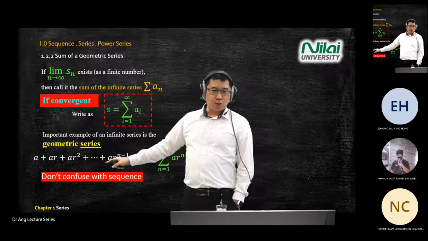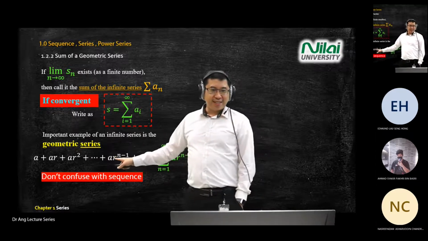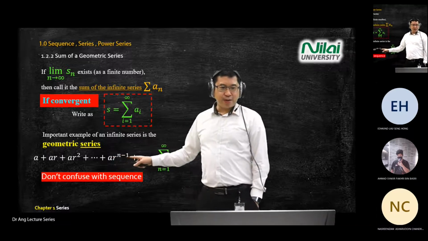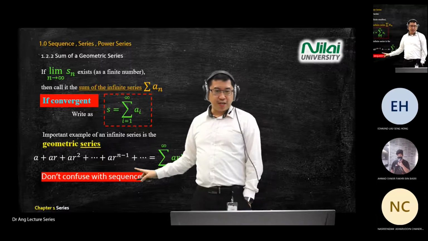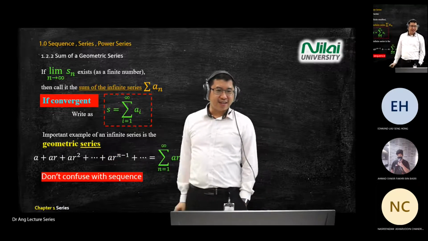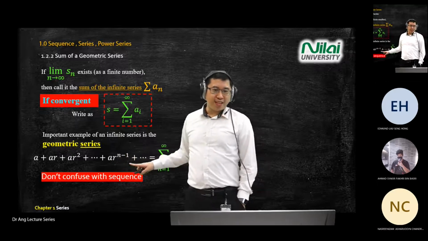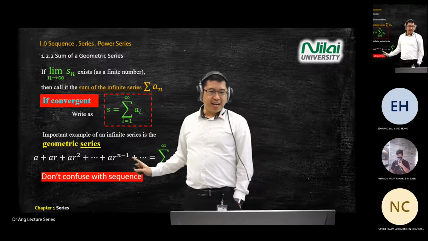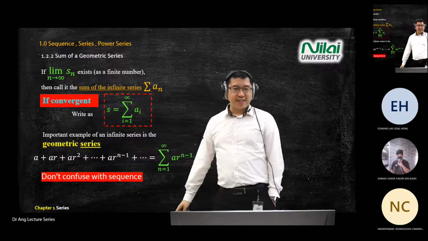If you want to write all the terms inside this formula with AR, the first one you see on the screen is A, right? But if you want to write the whole equation with the AR term, how do you write the first one?